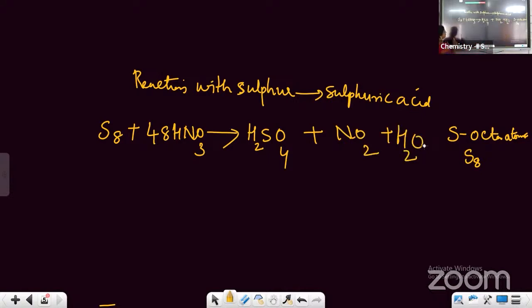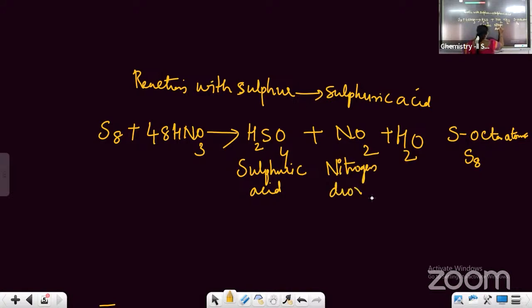So what is the statement? Nitric acid reacts with the sulfur to give sulfuric acid, H2SO4. I think everyone is familiar with this formula, sulfuric acid. So sulfuric acid plus NO2. What is NO2? This is nitrogen dioxide.